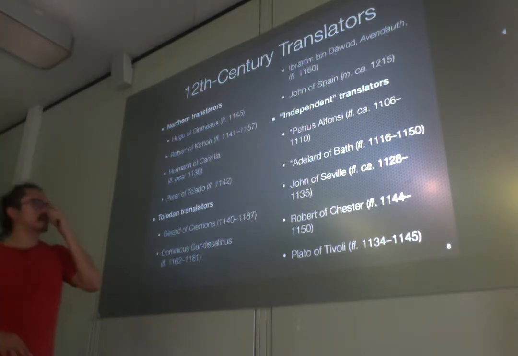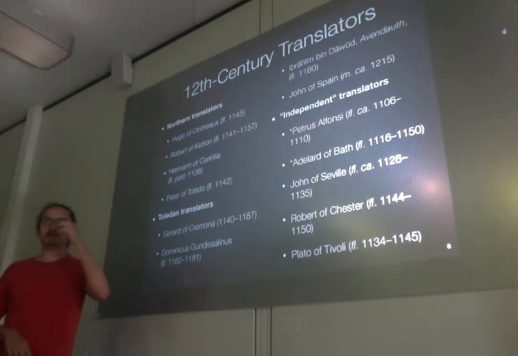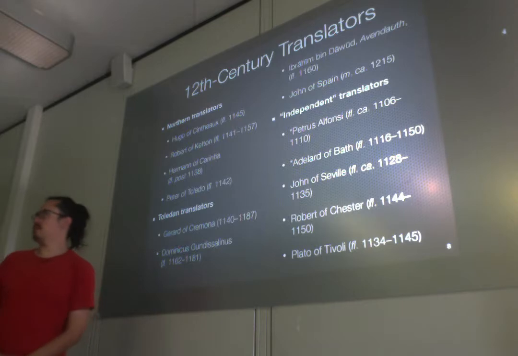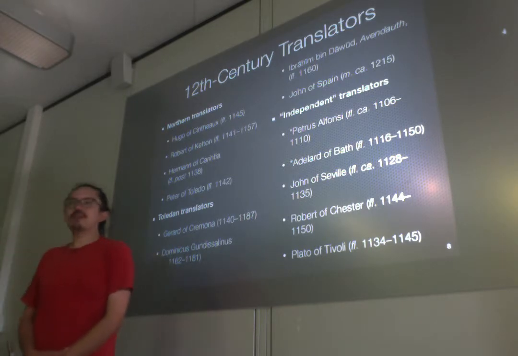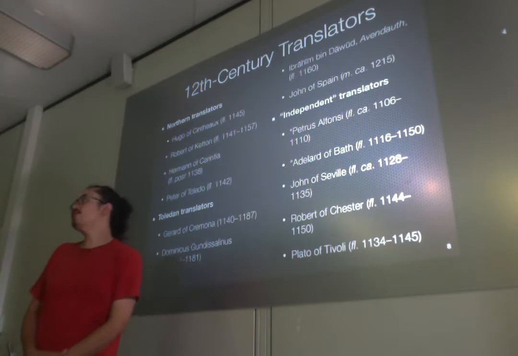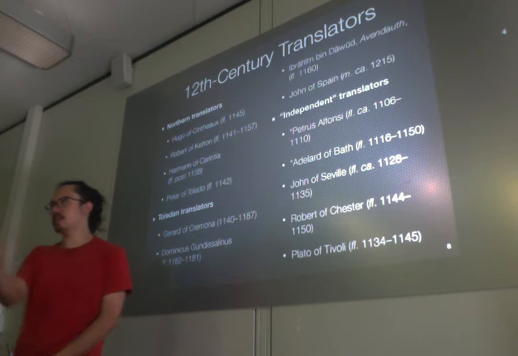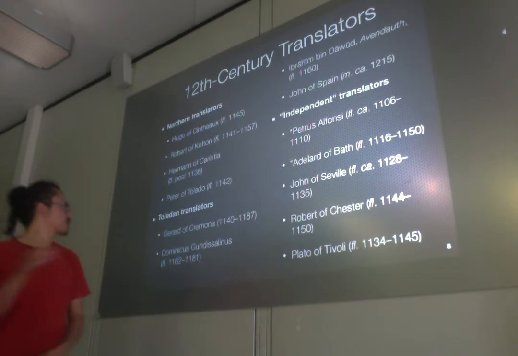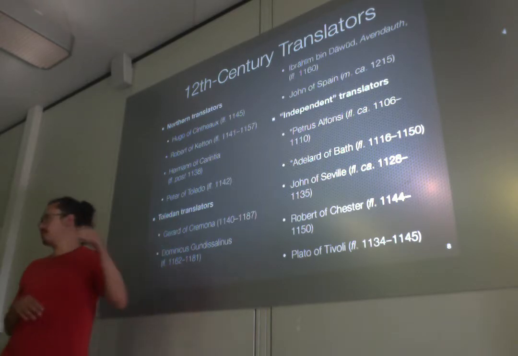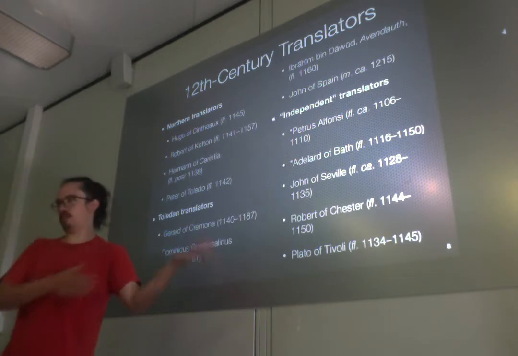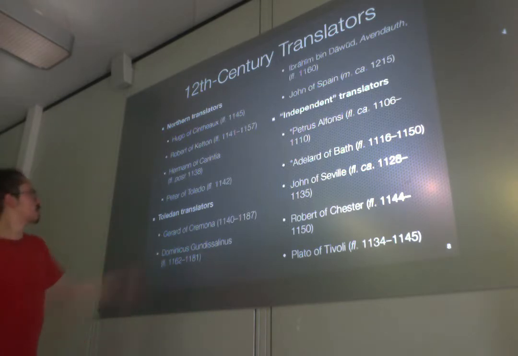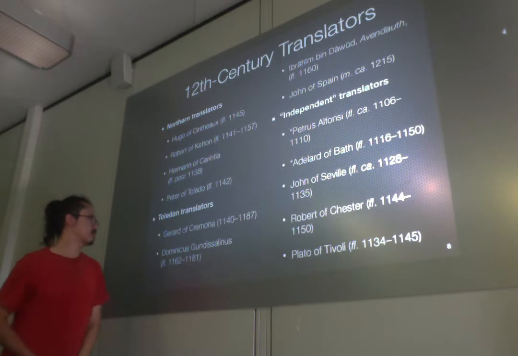In a paper he wrote back in 1977 or so, he was not the first, but he started pointing out that there was not only this group of Toledan translators, but this older northern group of translators. So these are the northern translators.